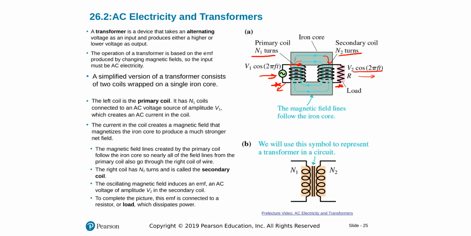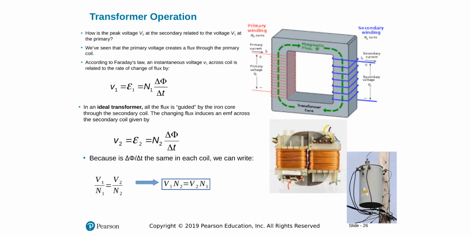If I have the other way around, a low number of turns on the left and a high number of turns on the right, it will increase the incoming potential difference. Here is how we symbolize a transformer in a circuit. Here's how a real transformer looks.